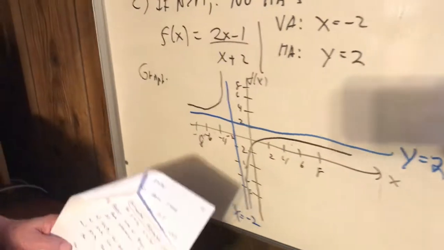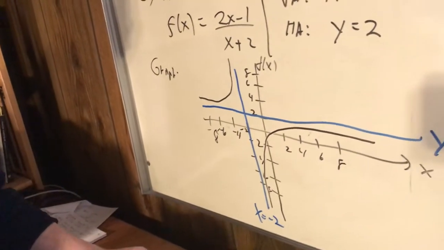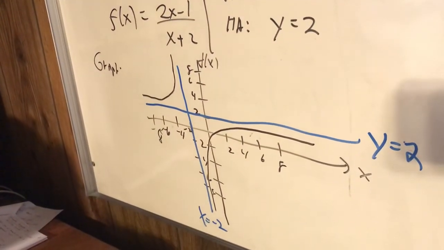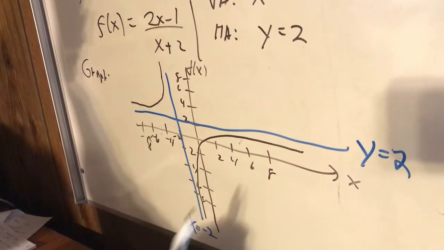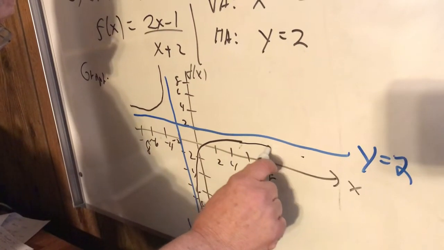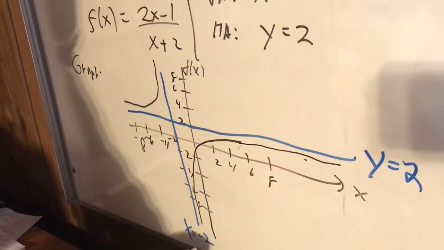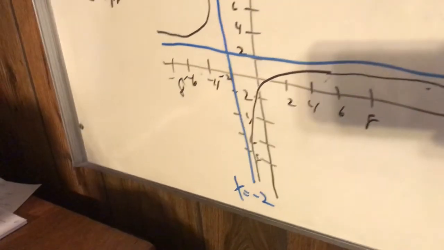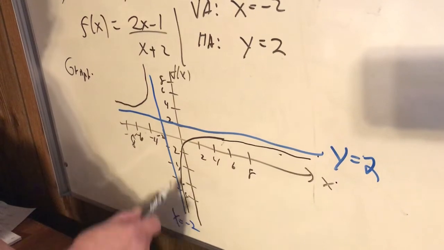Now let's examine this graph. What happens as x approaches infinity from the right? Notice x approaches minus infinity. So what do we have here? To the right, it's approaching y equals 2.